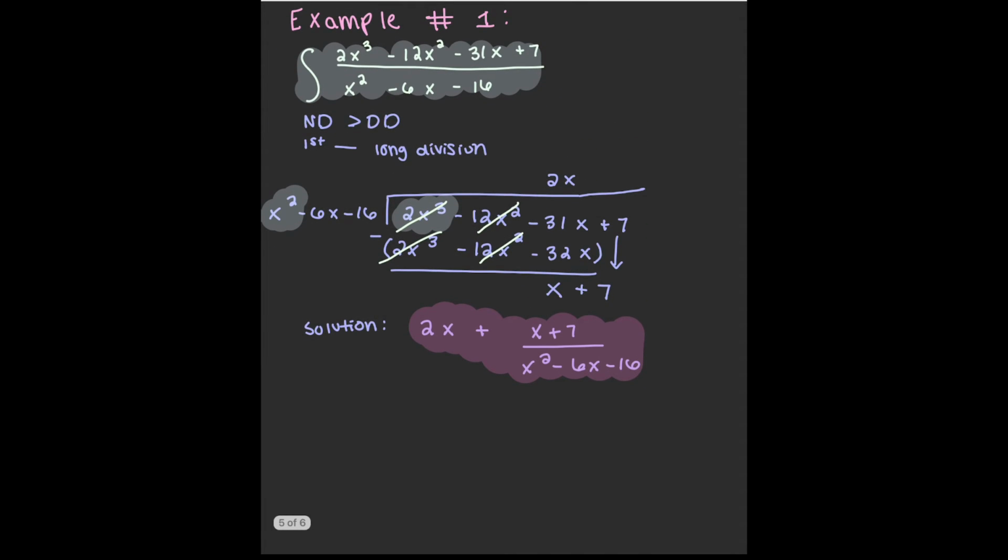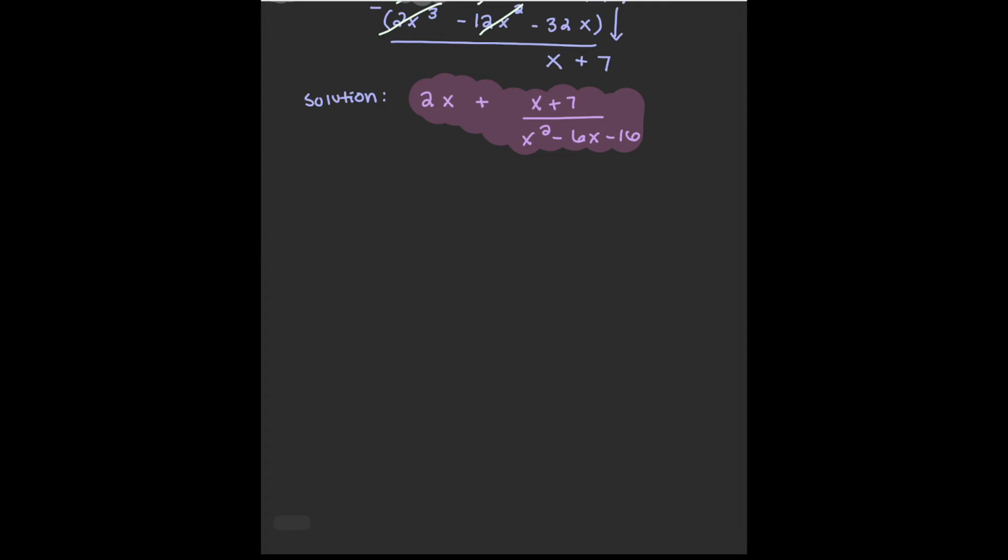So we know that these are equivalent, which means that if we take the integral of 2x plus (x plus 7) divided by x squared minus 6x minus 16, we'd get the solution.